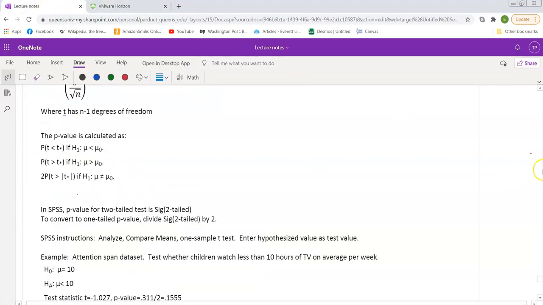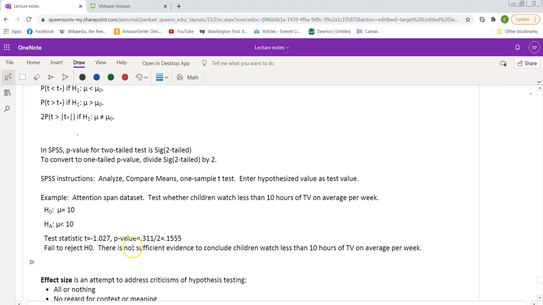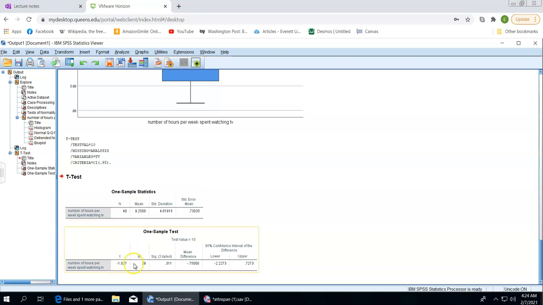Okay? So our hypotheses are mu equals 10 versus mu less than 10, because we want to know, are we watching less than 10 hours a week on average? Our test statistic, which again came from over here, was negative 1.027.